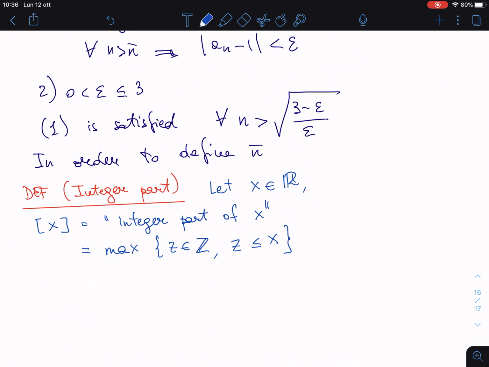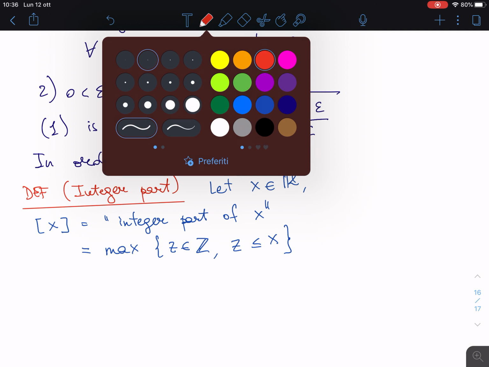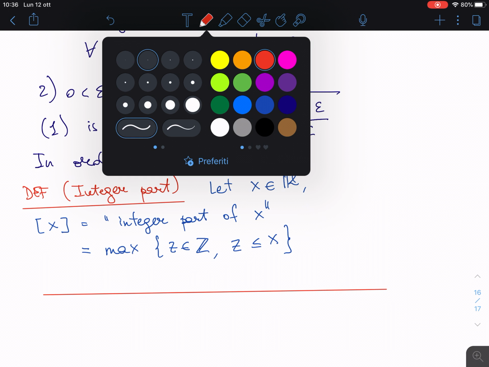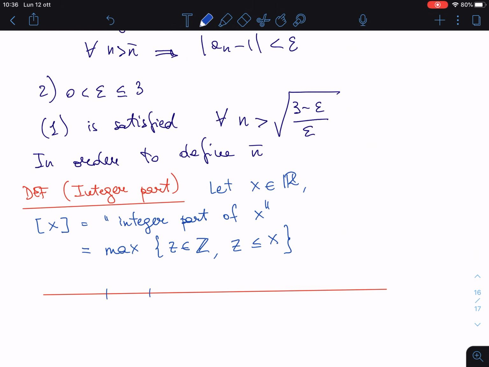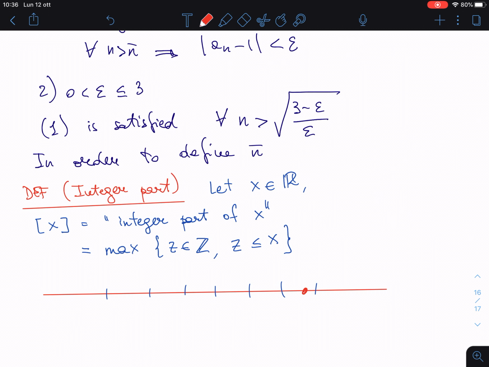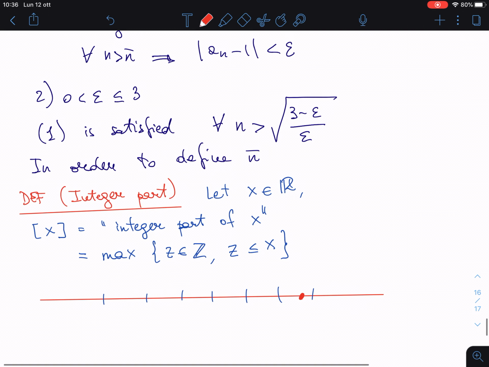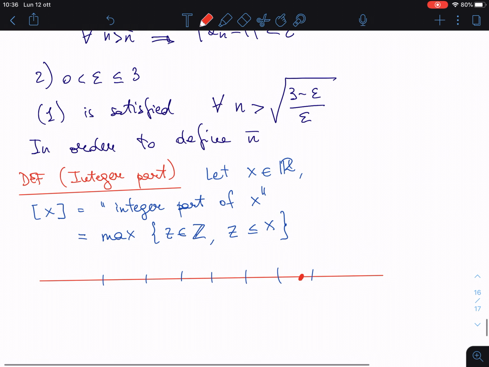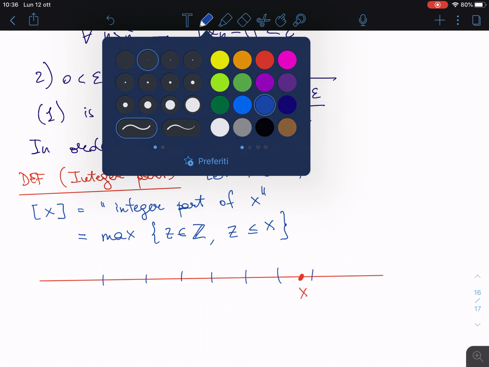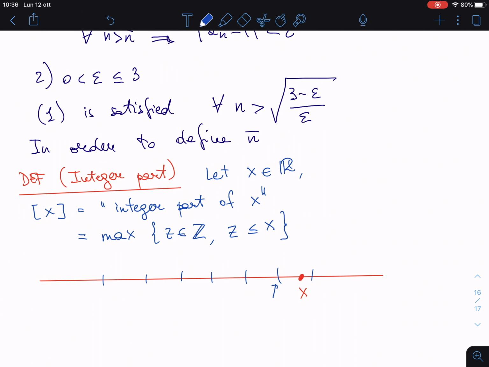I recall you the picture I already showed you at the blackboard in that question time. For instance, if this is x, the integer part of x is the largest integer not larger than x.